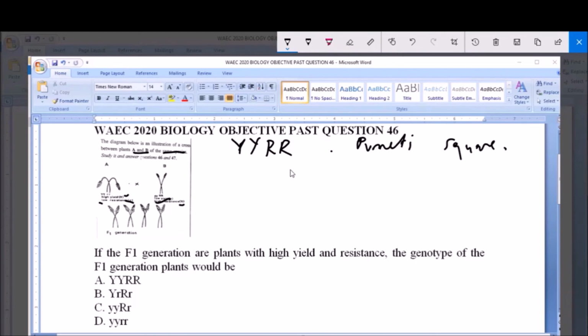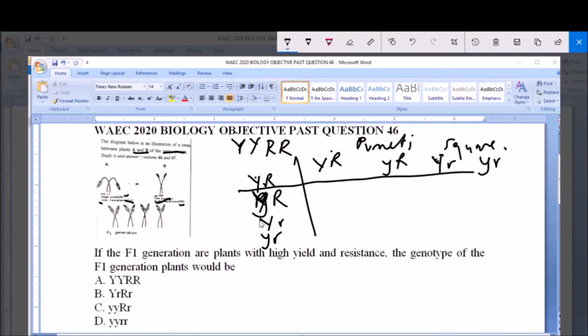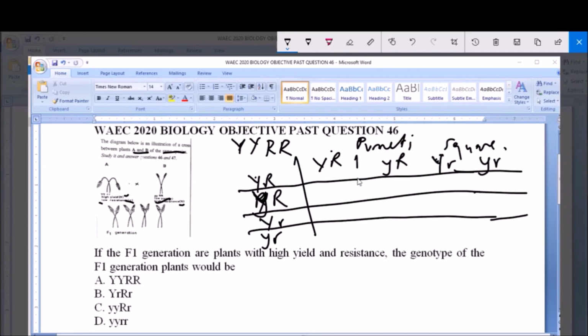Now this is what it would look like. This is an illustration of what the Punnett table will look like.